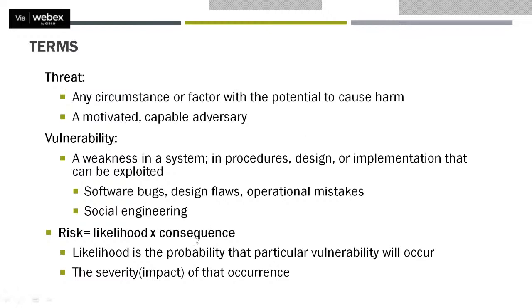And risk, what is a risk? Risk is basically some sort of likelihood. Likelihood is basically a probability, and the consequence. So if the probability is more, and the consequence is there, then the risk is more. Okay, so threat, vulnerability, and risk look like very similar terms, but they have different meanings. These three words are often used interchangeably in the domain of information security.